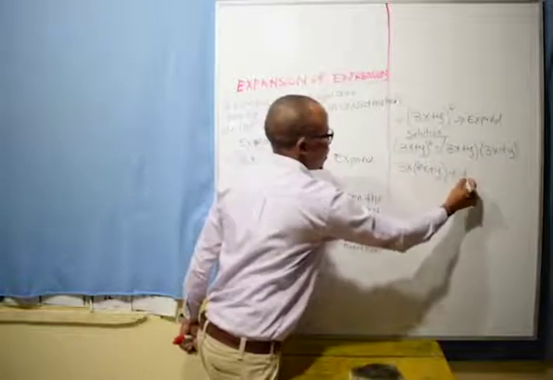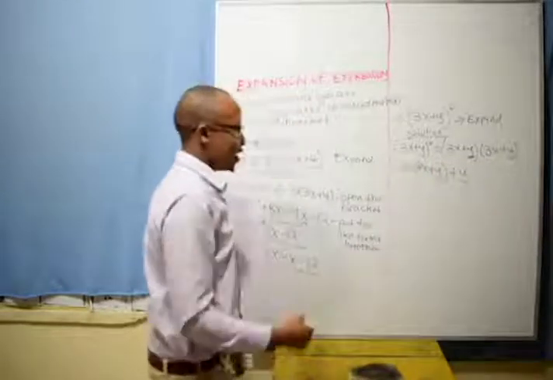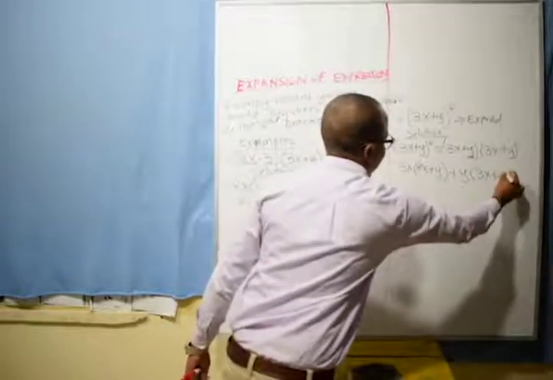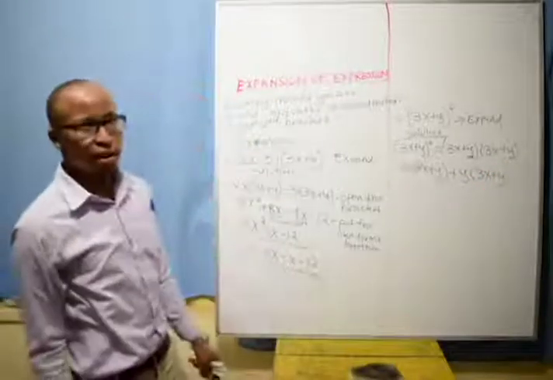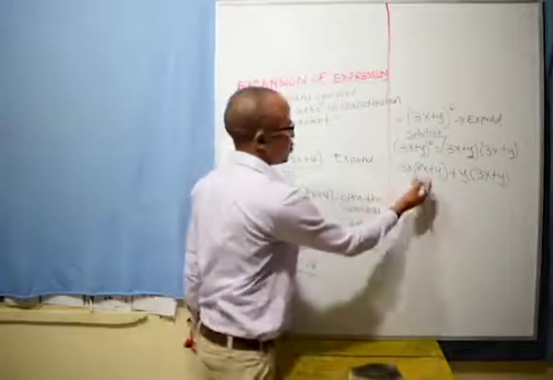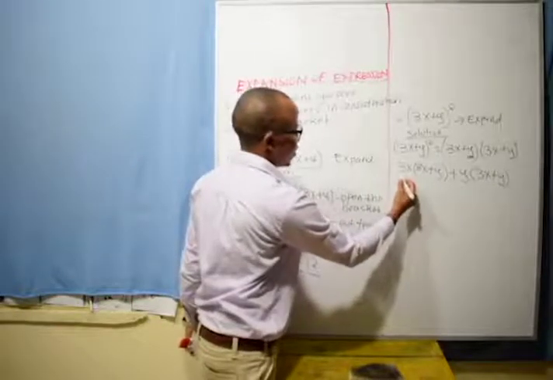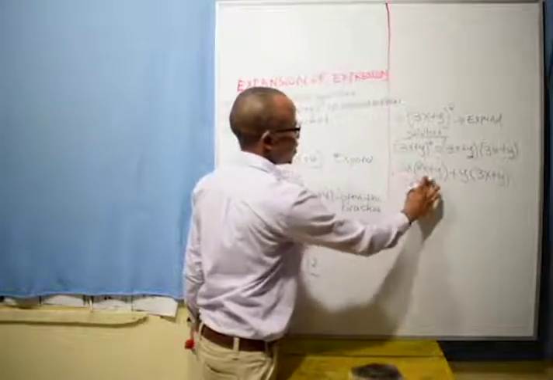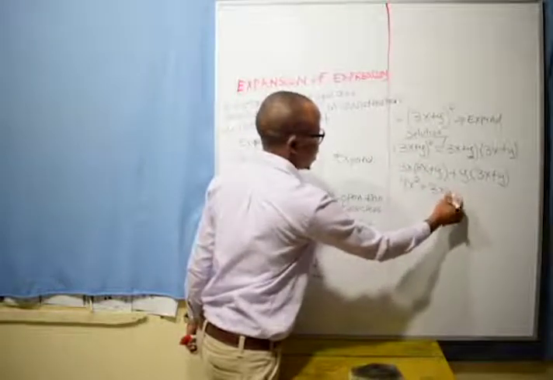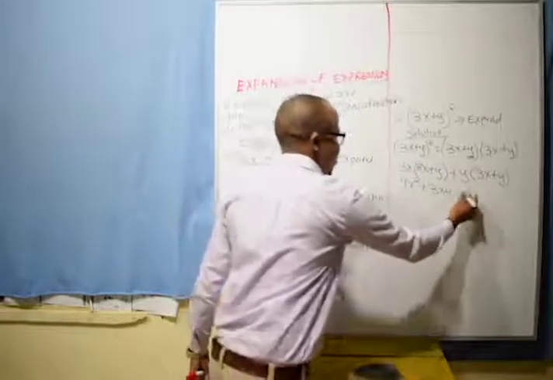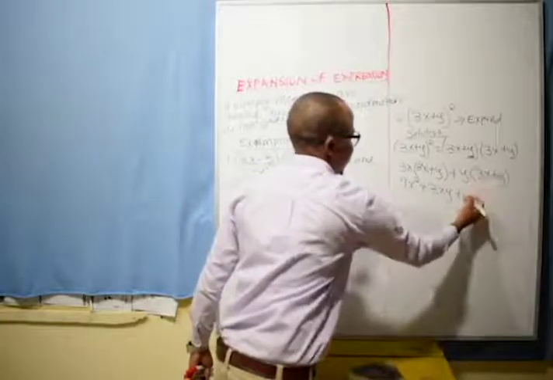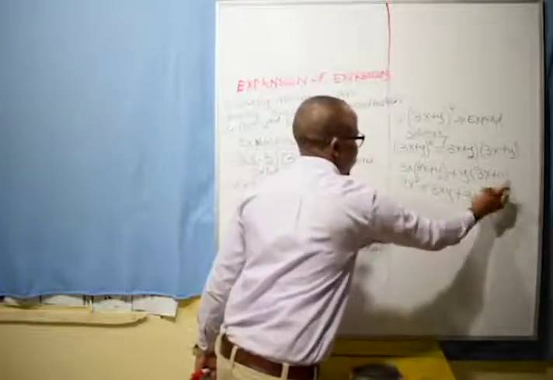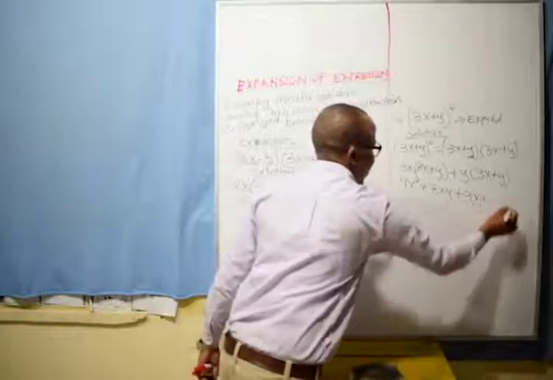Then the second term, plus y, you multiply by what is inside the second bracket. So it becomes 9x squared plus 3xy, plus y times 3x, it becomes 3xy, and then plus y times y, it becomes y squared.